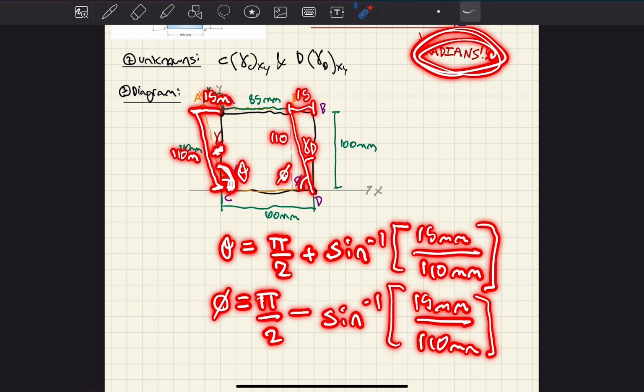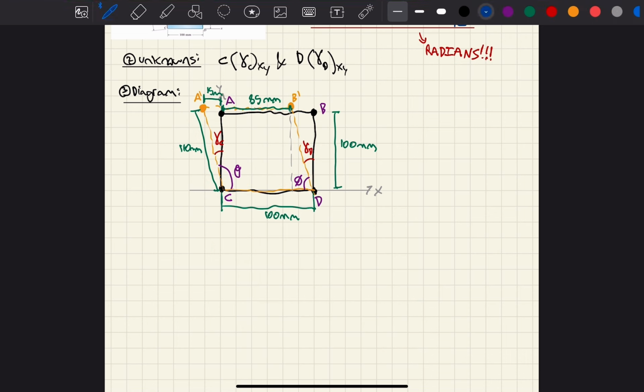So let's write this down in proper form. This is our fourth step, so we're going to say find angles. Again, theta is equal to pi over 2 plus the inverse sine of opposite over hypotenuse, 15 millimeters over 110 millimeters.